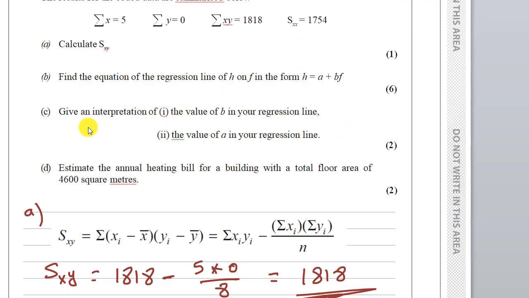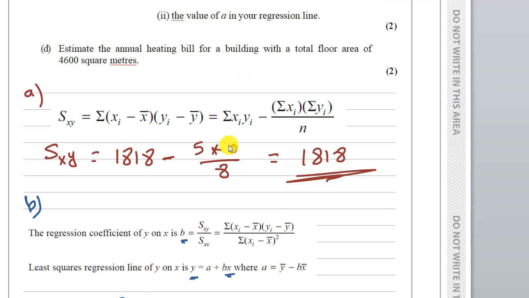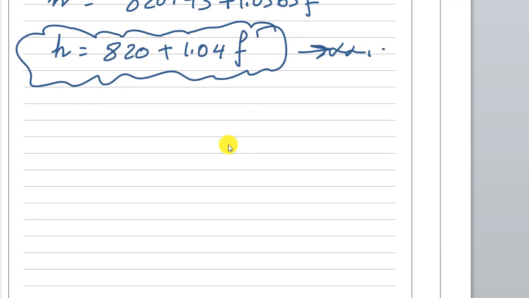Give an interpretation of, first, the value of b in your regression line, and the value of a in your regression line. Where is a and b in the regression line? This is a and this is b. So this is part C. This is the heating bill in dollars, and this is area.